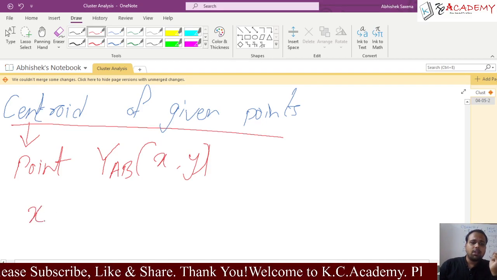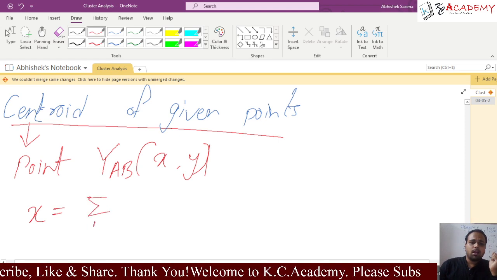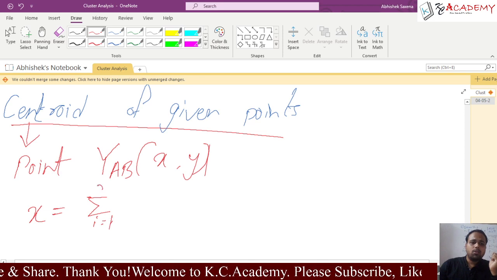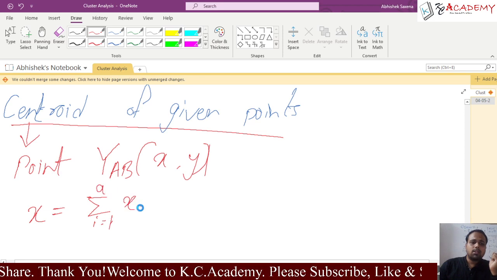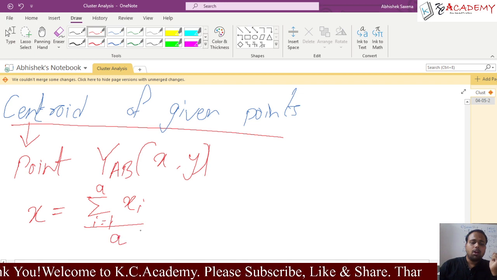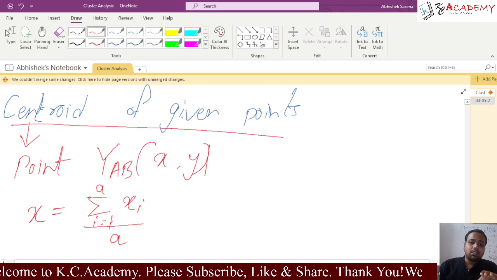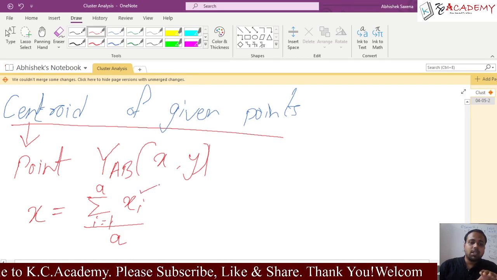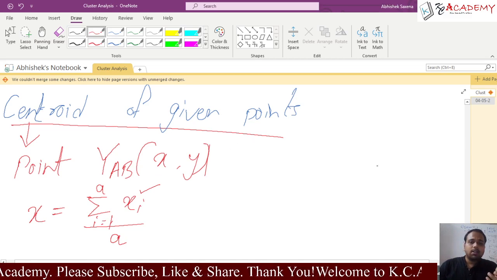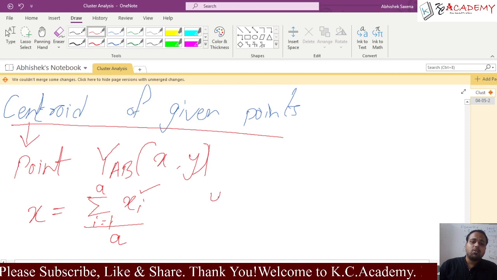So x is equal to the summation of i equals 1 to a of xi, divided by a. Remember, however many points are given, that many x values you have to add. Summation means you add that many x values.